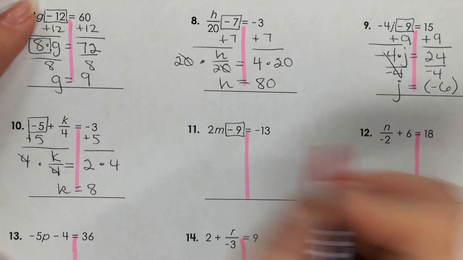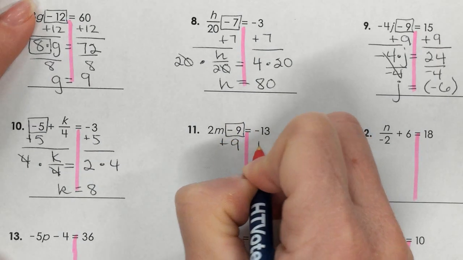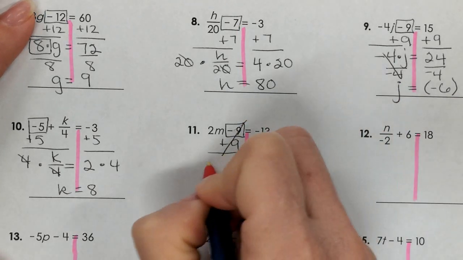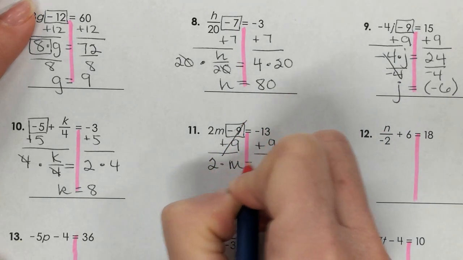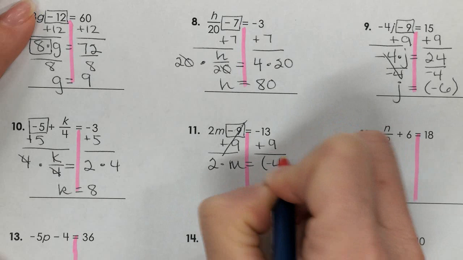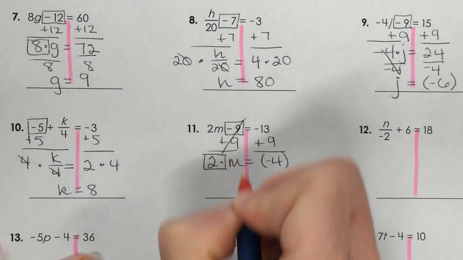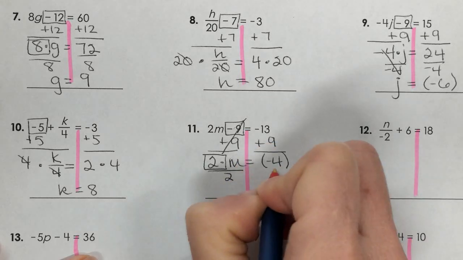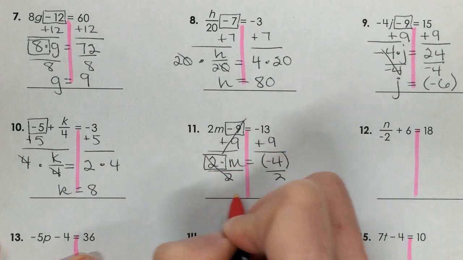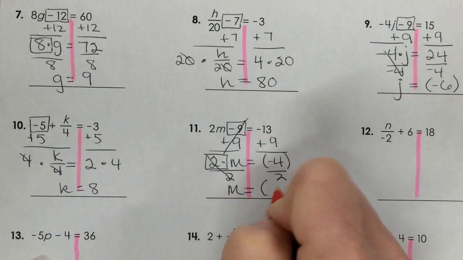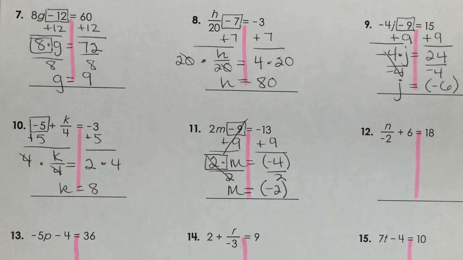Number 11, we're going to get rid of minus 9 using addition. 2m is 2 times m, and that is equal to negative 4. To get m alone, we're going to undo times 2 using division. 2 divided by 2 is 1, and 1m is just m, and that leaves us with m is equal to negative 2.